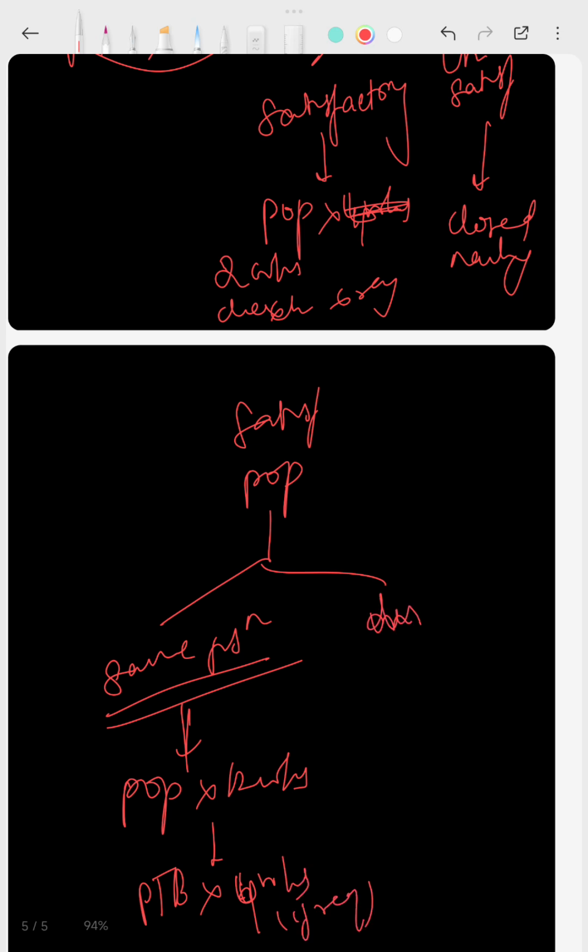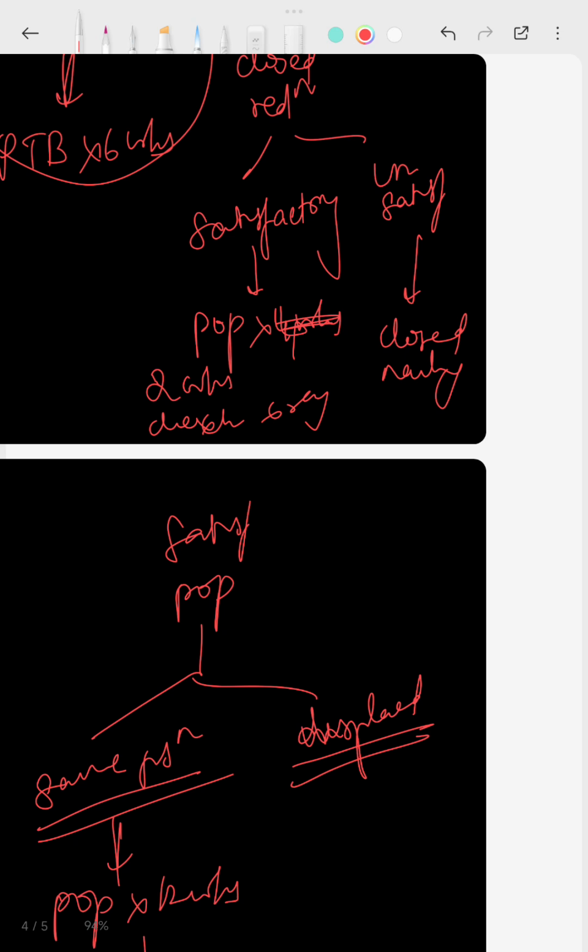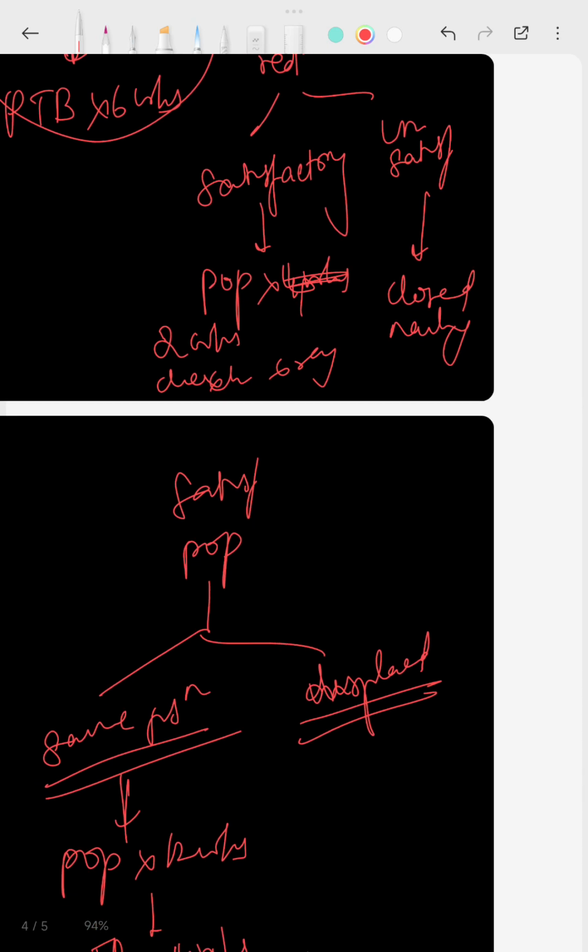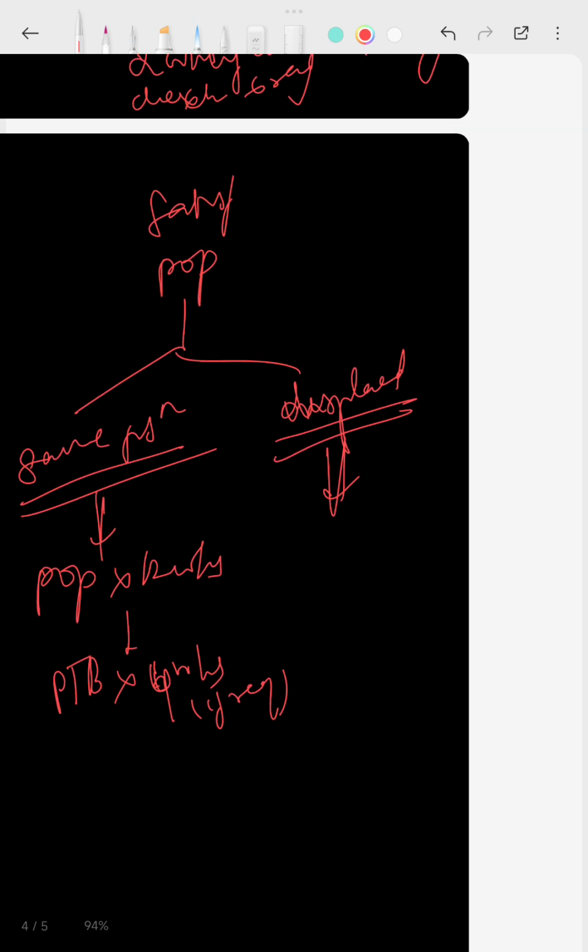If it is displaced, not stable, not in the same position after closed reduction and POP casting for 4 weeks, with a 2 weekly change, then you will do closed or open nailing.